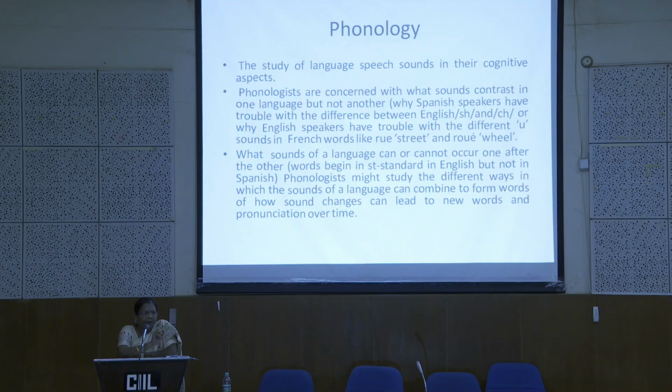A phoneme is a minimal sound unit which makes the difference between two words, like put, but. In Tamil I know many examples, but I am not giving them because the whole of India is sitting here, so multilingual. I am giving examples from English only, and if you are able to produce examples from your language, you are welcome.